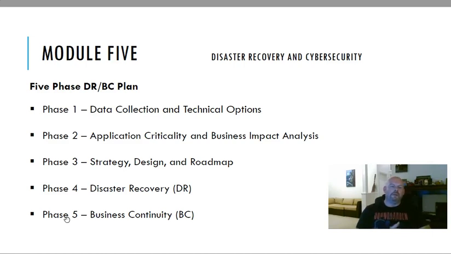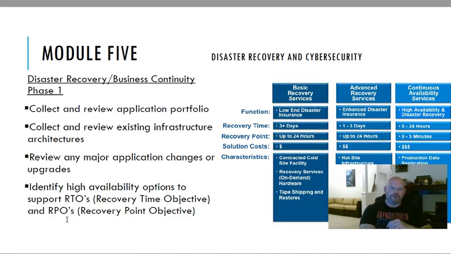But phase 1, we're going to talk about data collection and technical options. So we're going to collect and review the application portfolio. What do we have in our portfolio of applications and the existing infrastructure and architectures? We're going to review any major application changes and then identify the high availability options to support RTO and RPO. So if we're talking about something that needs high availability, then of course it's going to cost much more money.